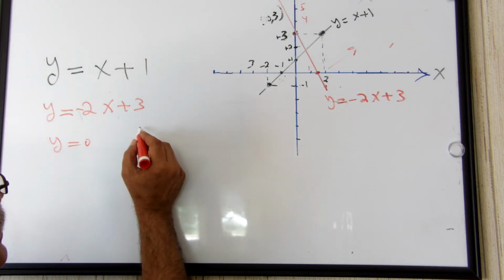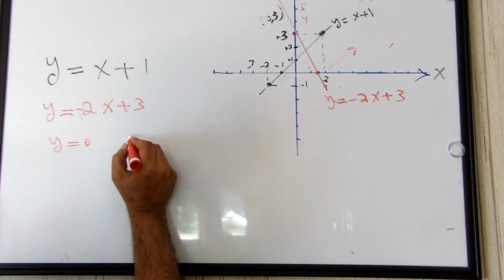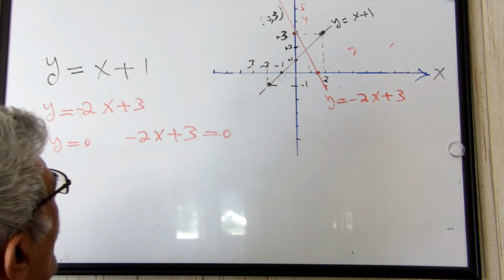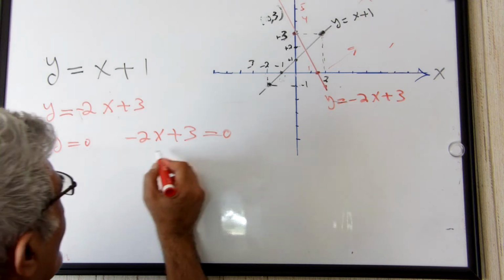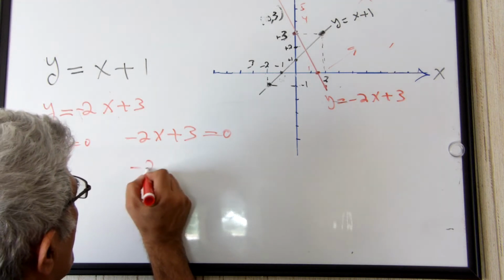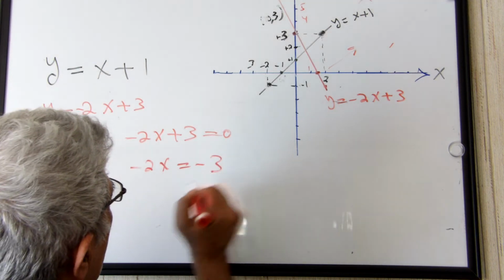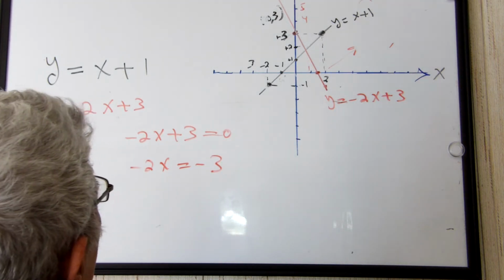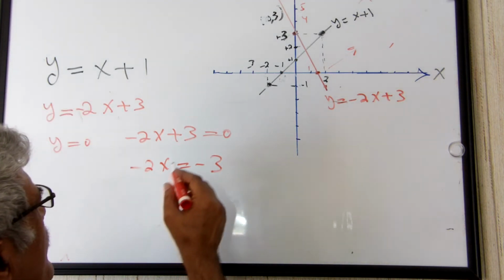When y is 0, it means that minus 2x plus 3 is the equation. You find the value for x, and you say, okay, minus 2x is going to be minus 3. Or you can do different things.